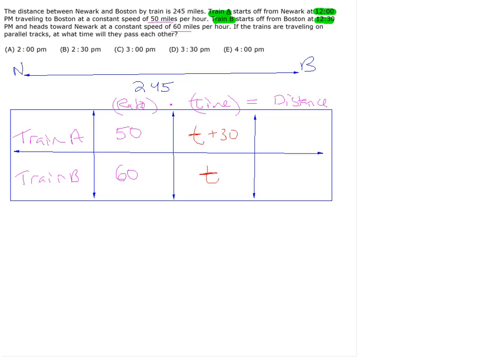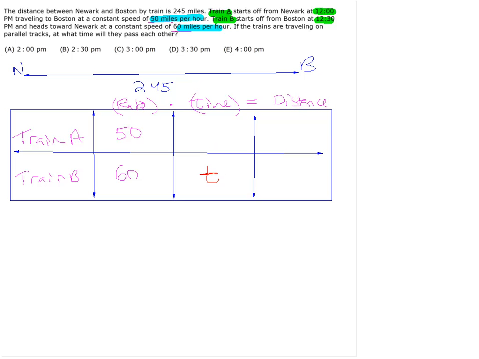Well, no, we can't do that, because remember, although we're not writing the units each time because it's laborious, the rates that we were given for these trains are in miles per hour. So you can't drop minutes into the equation. 30 minutes, yes, is half of an hour, but you can't put 30 there.